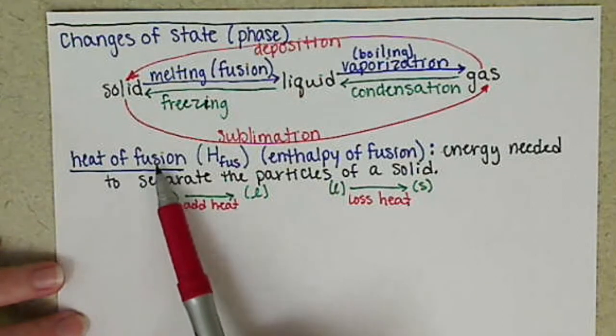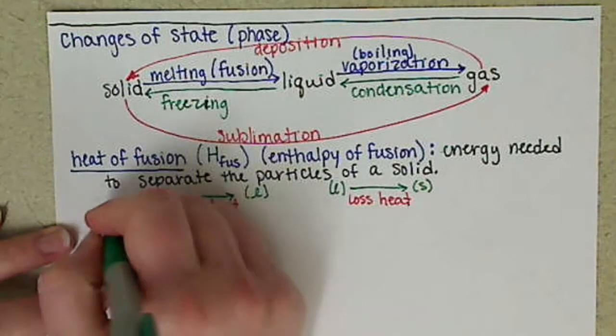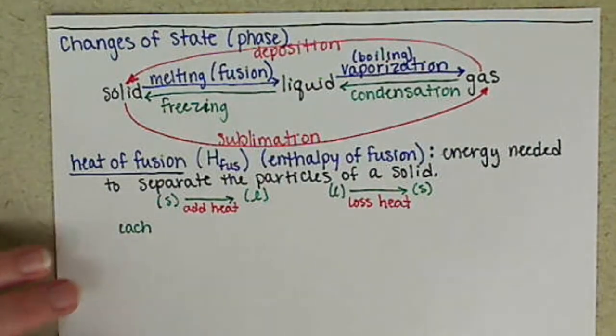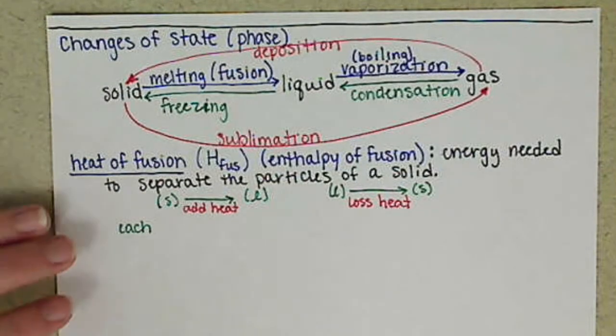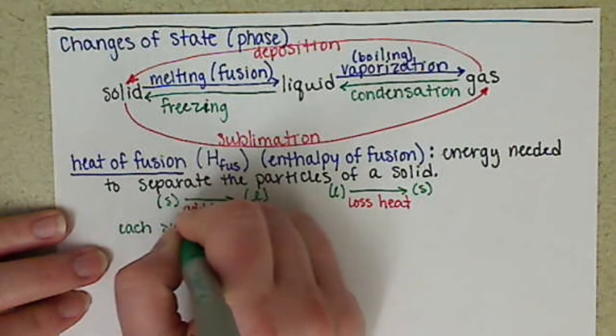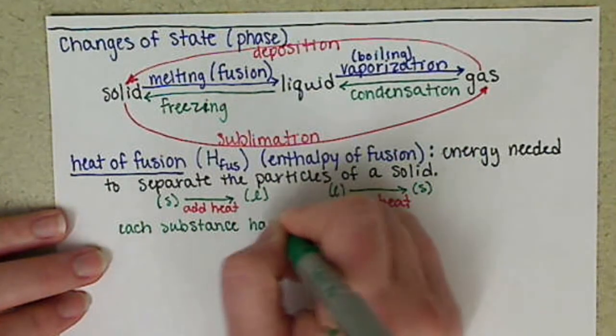Each substance has its own H of fusion, and we can look those up in tables. For homework and exams, values would be given to you.